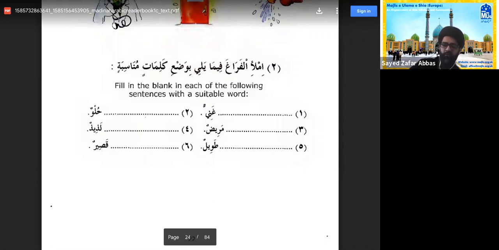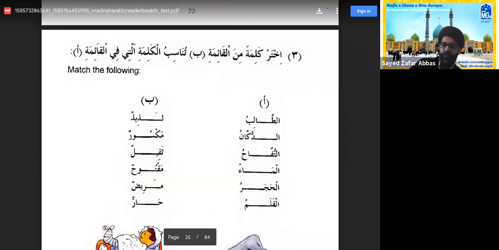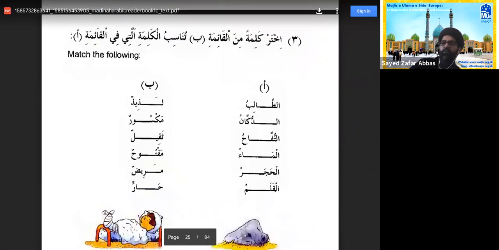Okay, thank you. So if we go to the next page, that will then tell us again here to choose a word from list ba that suits the words in list alif. So here we just need to match the words.